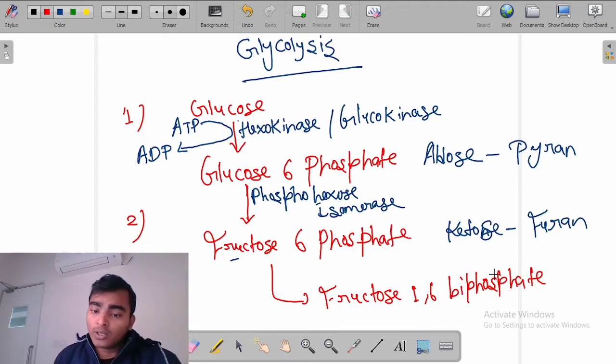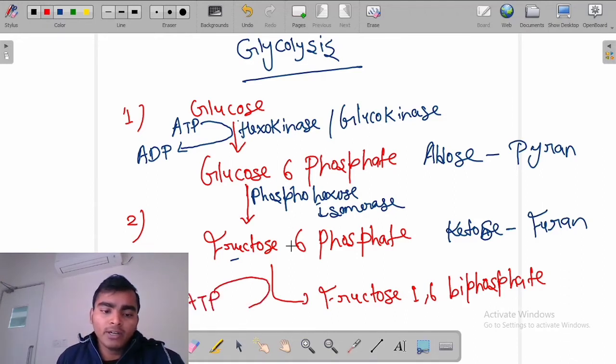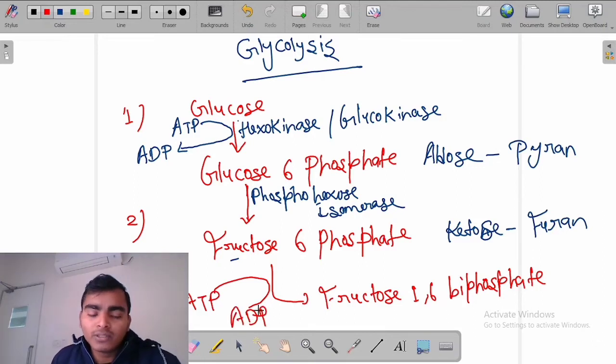Where does this phosphate group come from? Again it comes from ATP, and ATP will be converted into ADP because the inorganic phosphate is utilized by fructose 6-phosphate. That's how we get fructose 1,6-bisphosphate.